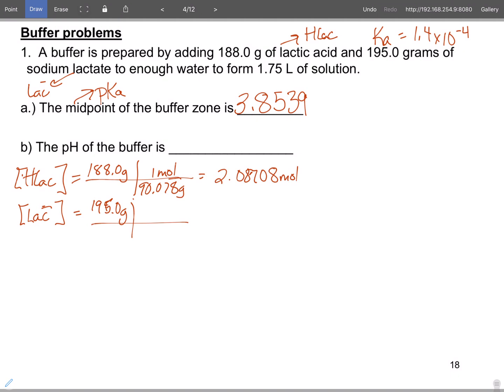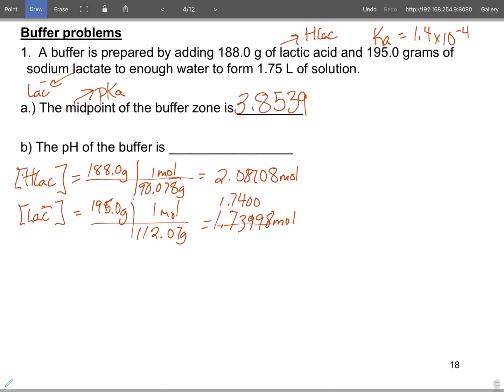So even though we only need the conjugate, we're going to have the whole thing. So that's 112.07 grams per 1 mole. So here we get a whopping 1.73998 moles. So keep it simple, 1.740 moles.